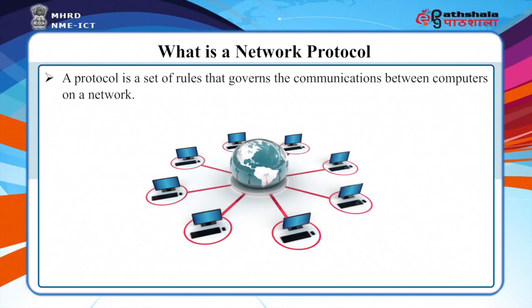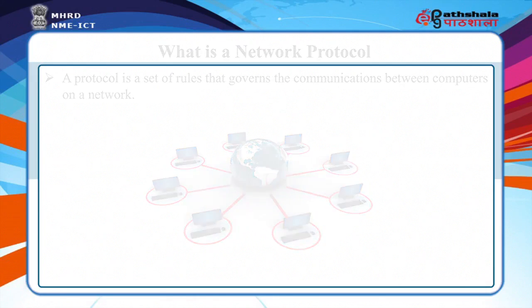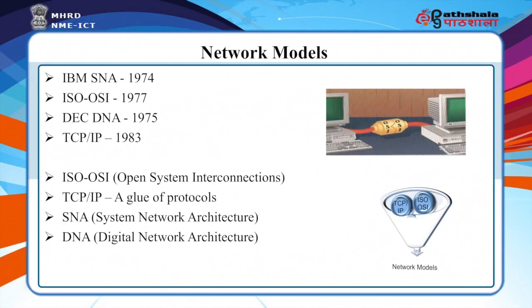So network protocol defines the various processes and transmission of data between these networks. Let us discuss the evolution of various models. I will be using protocols and models interchangeably because some of the protocols are known as models also.